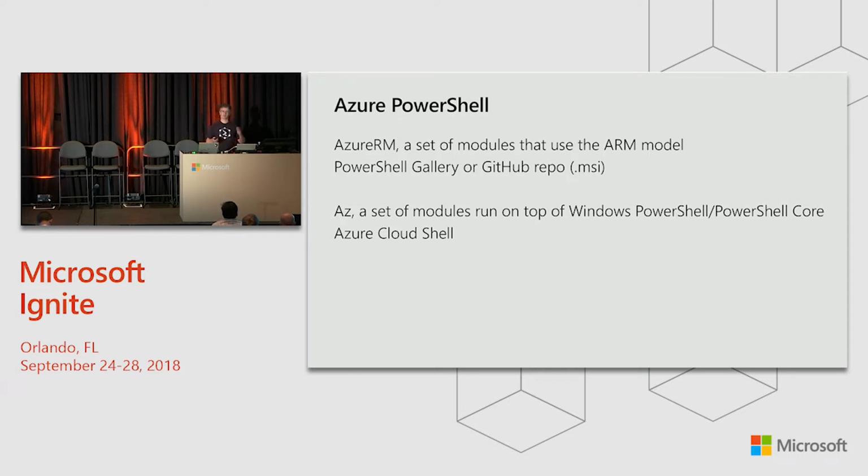So all your scripts that worked with AzureRM will continue to work. You don't need to worry about those problems because all the new Az cmdlets are aliased to AzureRM as well, so there are no breaking changes with the naming.